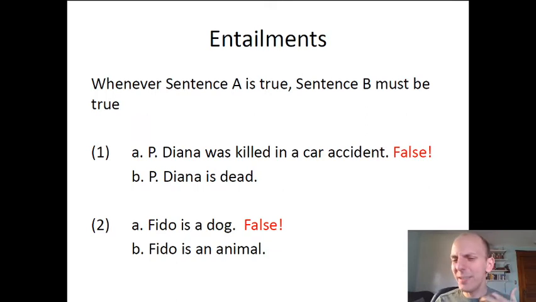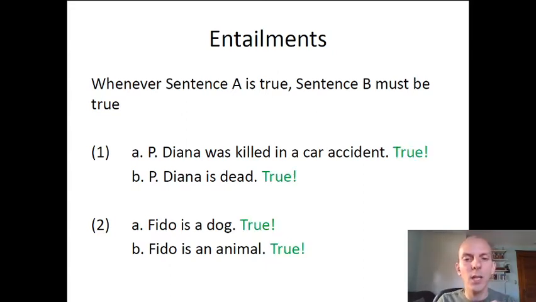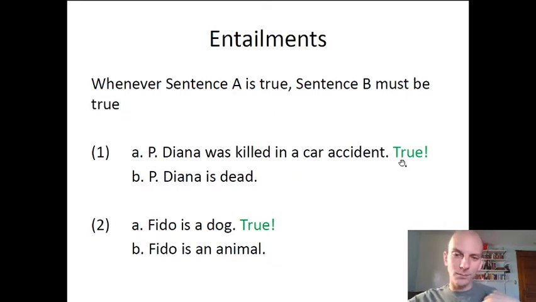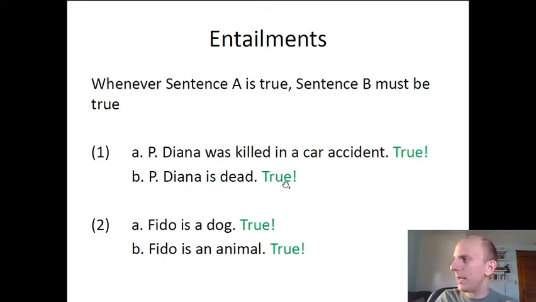Cool. Let's flip that a little bit. Starting with sentence 2 here, when A is false, right? So for entailments, what we said, flip it back here, was when A is true, sentence B has to be true.